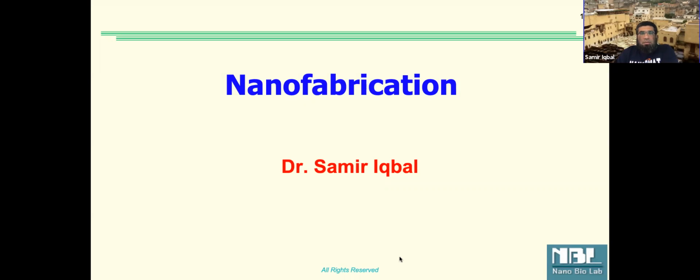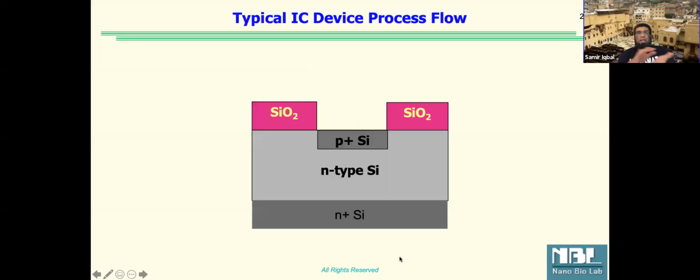So one thing we discussed: how do you create maybe a PN junction? How do you make a feature? We saw we could translate a feature in silicon dioxide, and here I'm showing that we have done some steps already.